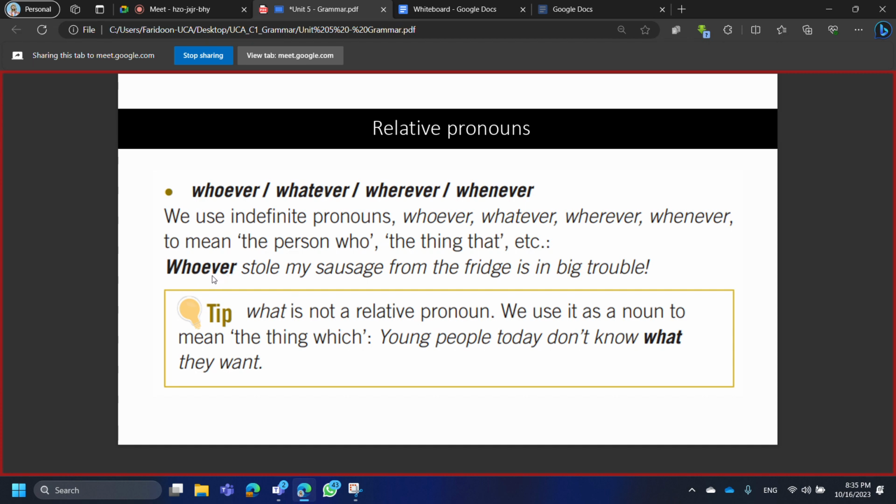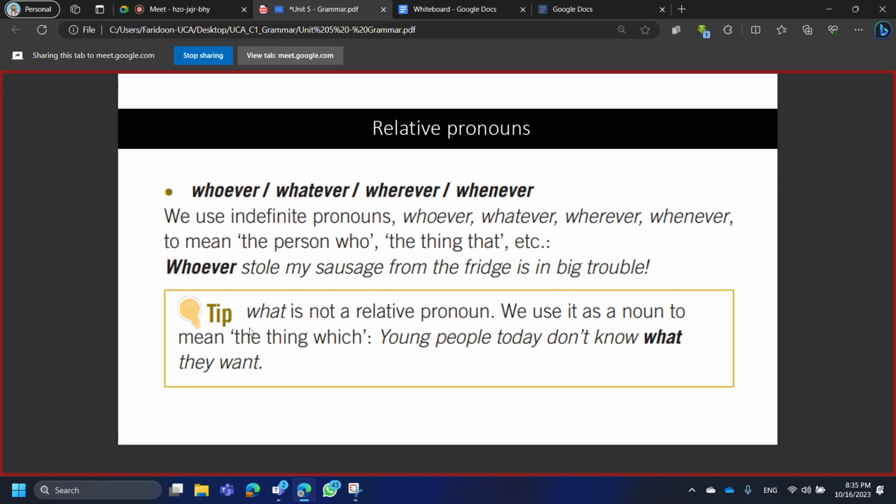You just need to find them. Because if you find that person, no matter who it is, be it the president, your teacher, your best friend, anyone, that person will be in trouble. That's what you mean. So whoever, whatever, wherever, and whenever.